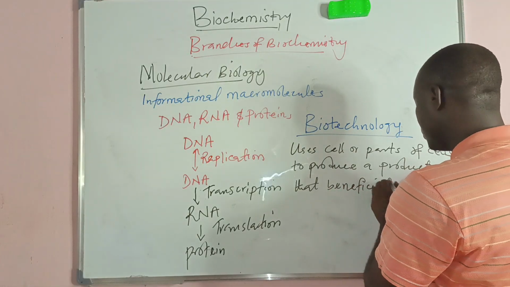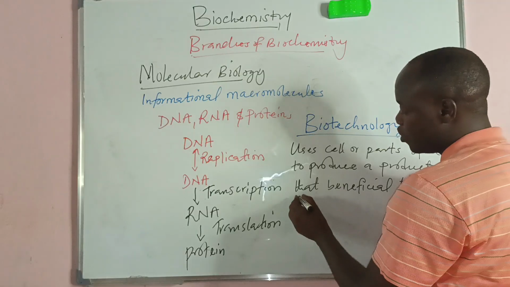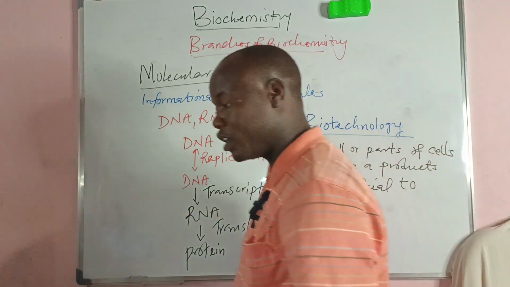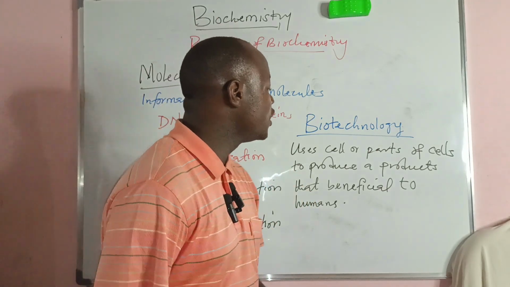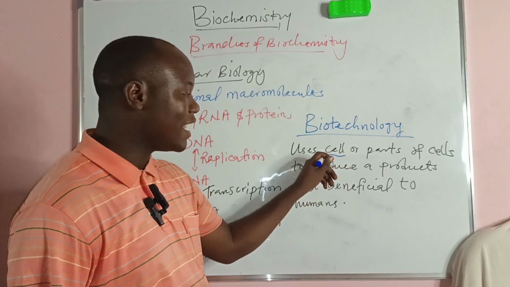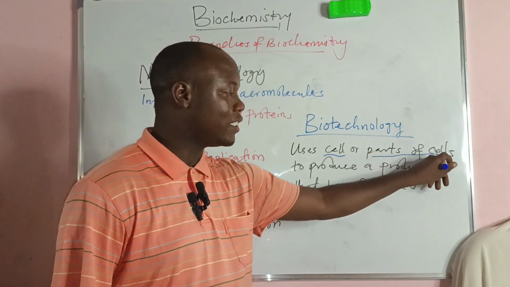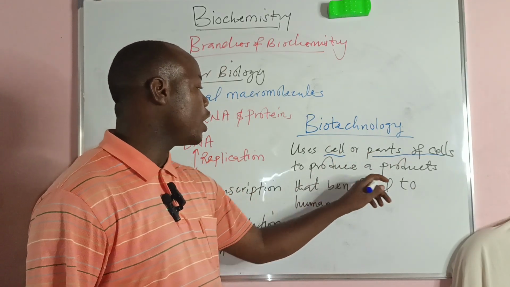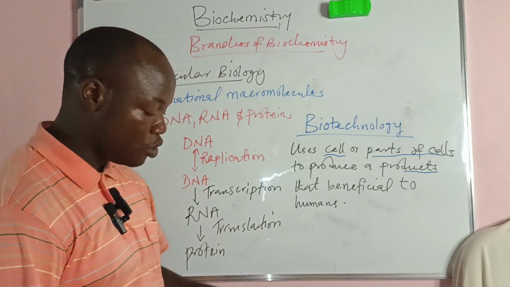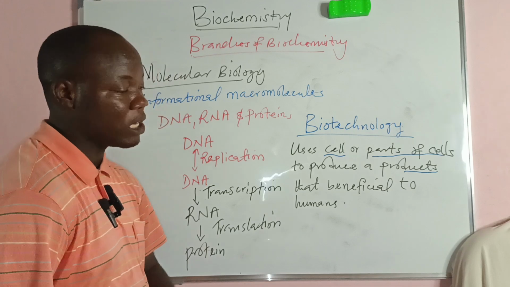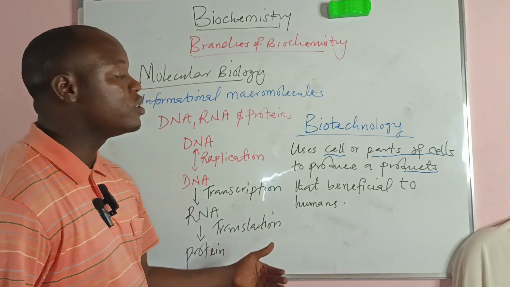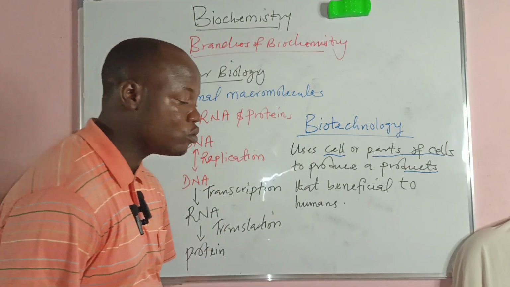Biotechnology is a branch of biochemistry that uses the entire cell or part of a cell to produce a product that is beneficial to humans. So you can use a part of a cell, like maybe mitochondria, or you can use the entire cell to produce a product that is beneficial to humans.